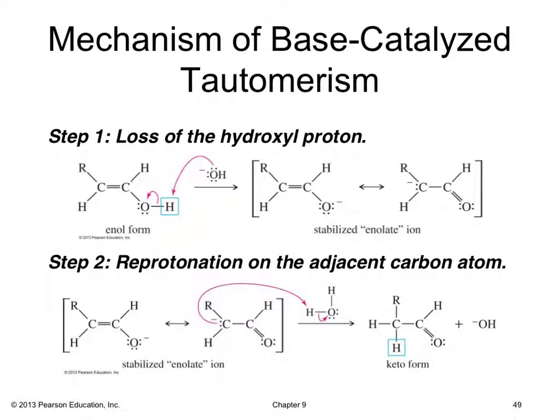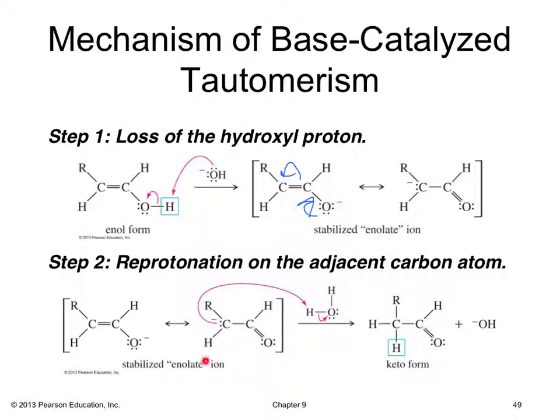So in terms of the mechanism for base catalyzed tautomerization, the base hydroxide will pluck off that hydrogen, electrons will go to the oxygen, and then it'll undergo resonance, again in brackets. And now, which is not shown, which I'll show you now, you have electrons from the oxygen go down here, and then the electrons go onto the carbon to generate the stabilized enolate ion.